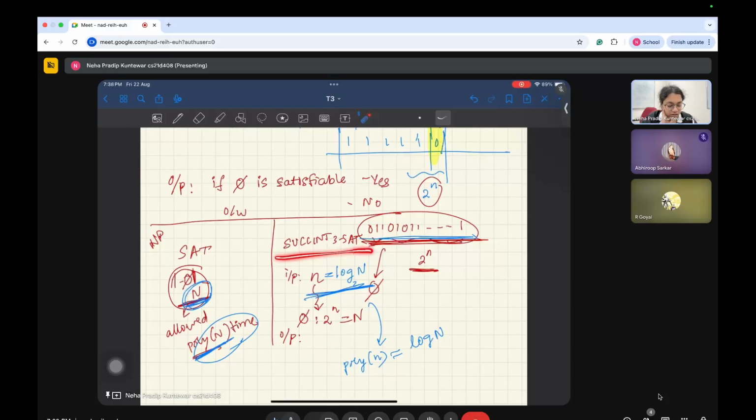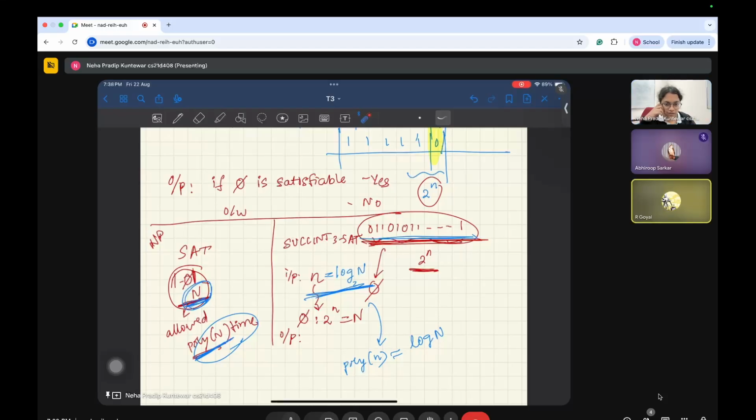But here, the input size is small n, so I am given poly of small n time to solve. But with respect to capital N, this is actually logarithmic time. The whole reason this is happening is because we gave a very small representation for a very large formula. Now you are solving the same problem, satisfiability on phi, but you have much less time.